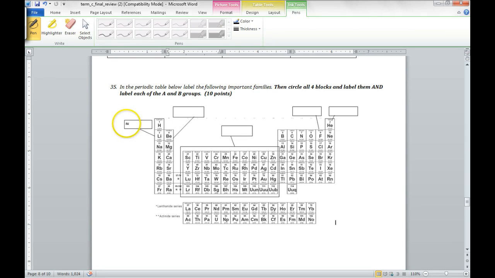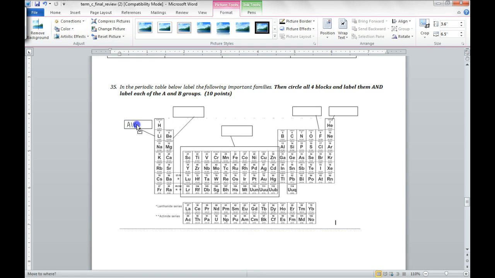So these ones are the alkali metals. These are alkaline earth metals. These are the transition metals. These are the halogens. These are the noble gases.